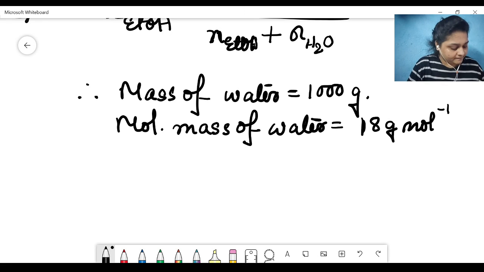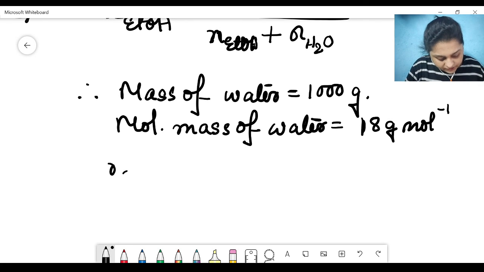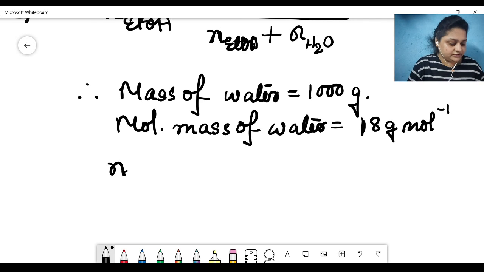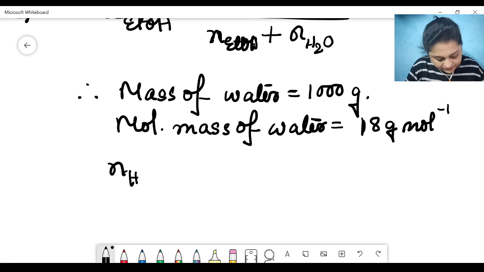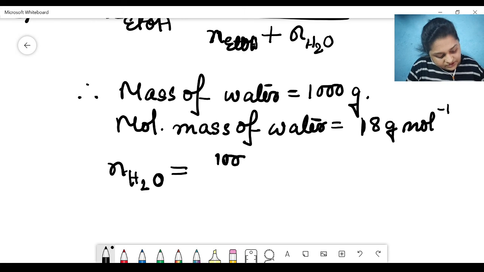Now we can easily find out the mole number that is equivalent to 1000 gram of water, which is N of H2O equals to mass by molecular mass, that is 1000 by 18.